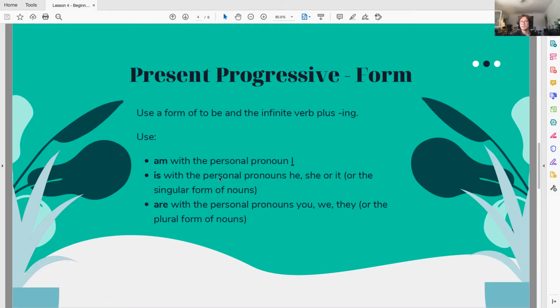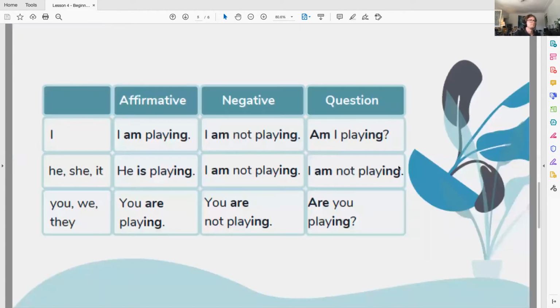He is, she is, it is, the dog is. And for the pronouns you, we, or they, where I'm either talking to you specifically or talking about a collective of people, that's when we use are. They are, you are, we are, and so that's for the plural form of nouns, basically.